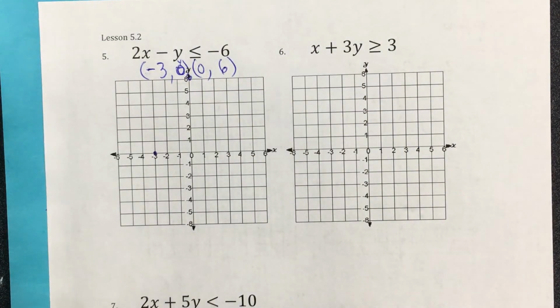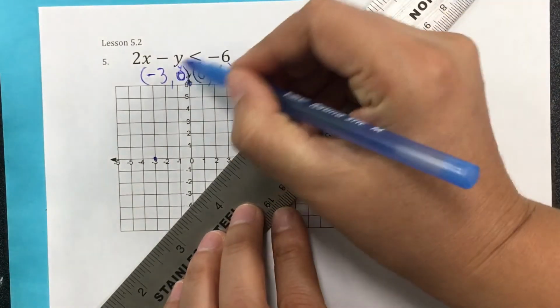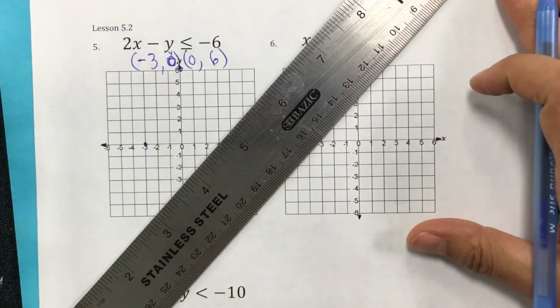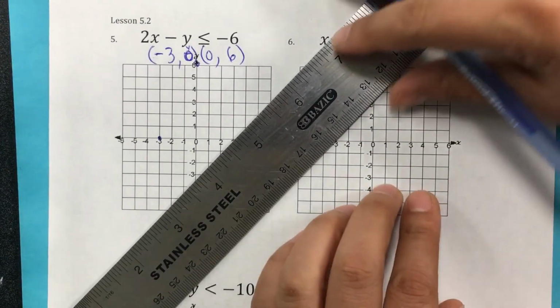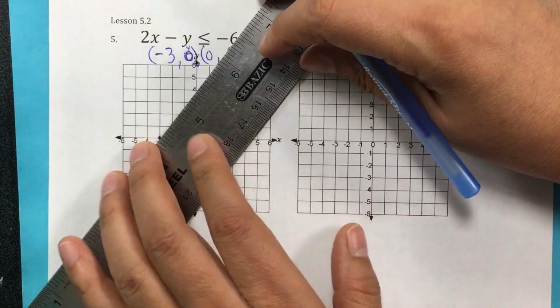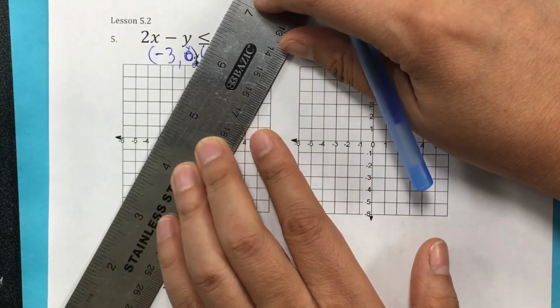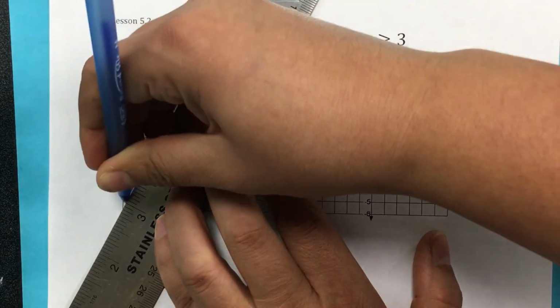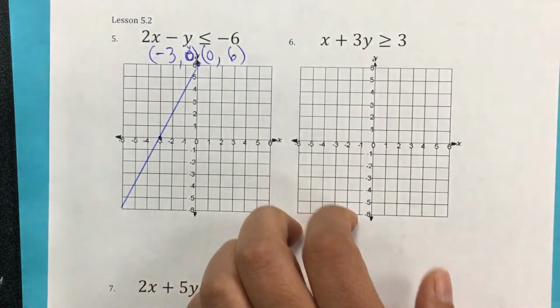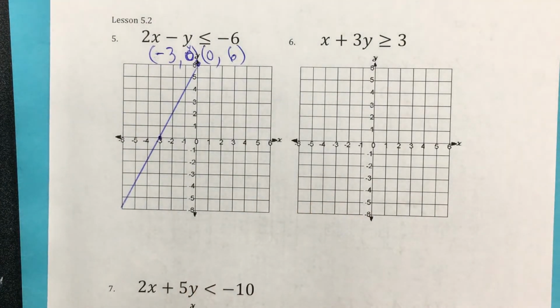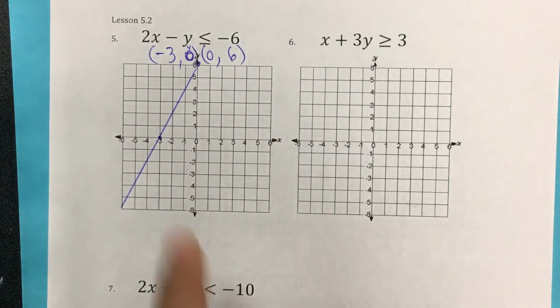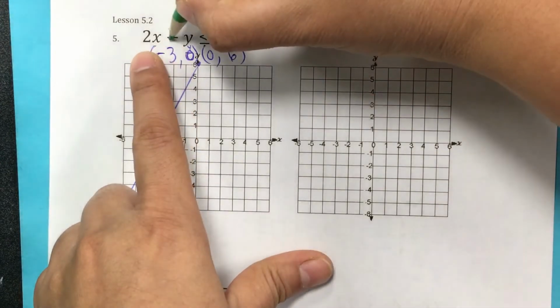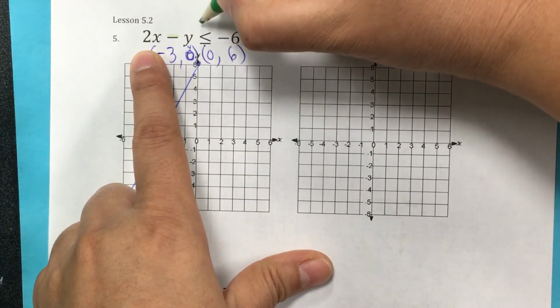What kind of line am I going to have? Well, it has the equal sign, so it includes the points on the line. So I'm going to make a solid line, okay? And we notice in here that the y has a negative. So what are we going to do with the symbol?